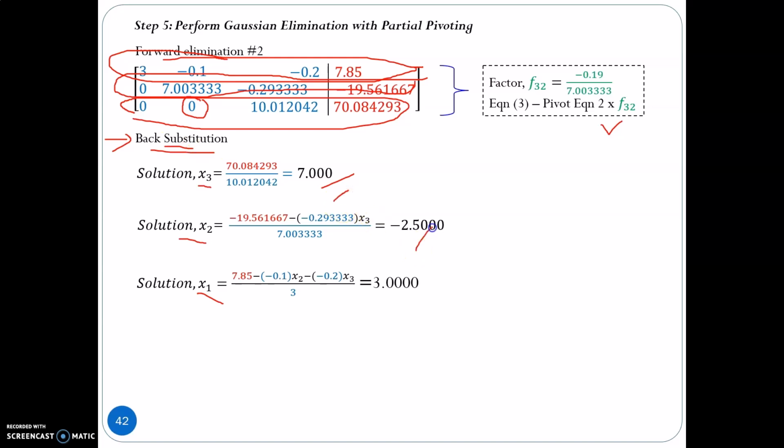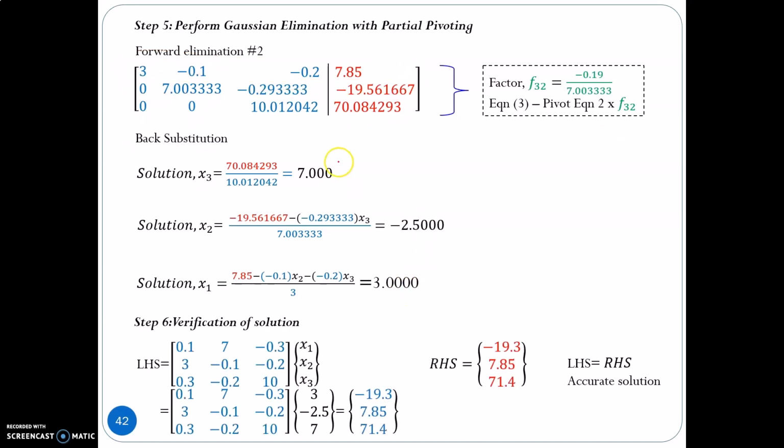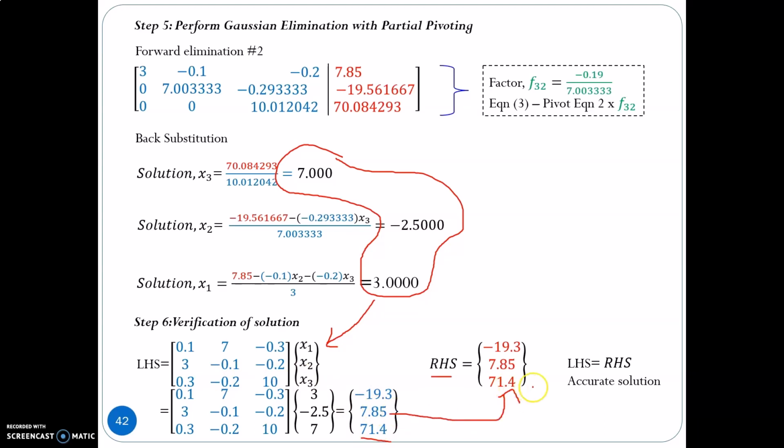Once you get the answer, to check whether you get an accurate answer or not, substitute the solution x1, x2, x3 into the left hand side equation, and you compute it to be this answer. When you compare it with the right hand side solution, you find that the left hand side is equal to the right hand side. Therefore, we can conclude that this solution is accurate.